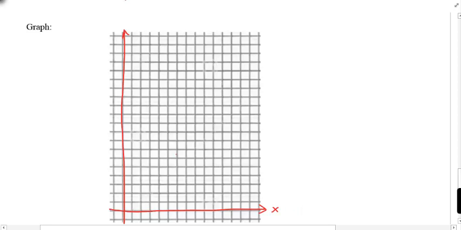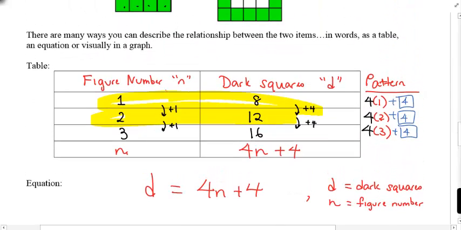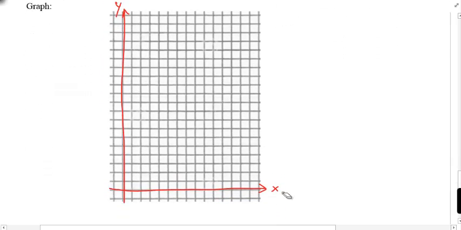Now we can call this x or y, but better yet, let's actually use the variables that we were looking at, which is the figure number and the dark squares. So the first coordinate was the figure number. That always goes on the horizontal. So I'll call this n now, the figure number. Okay. 1, 2, 3, 4, 5, 6, 7, 8, 9, 10.